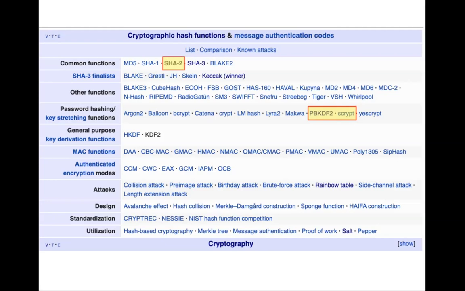Well, in practice, the user only needs to input a password, a short password, or even a weak password sometimes.